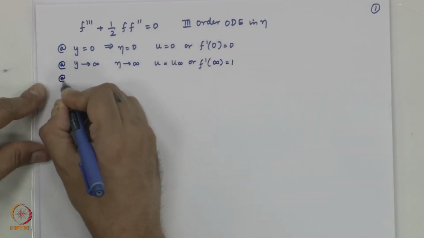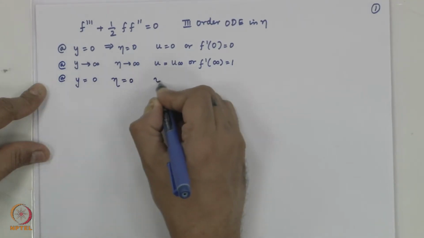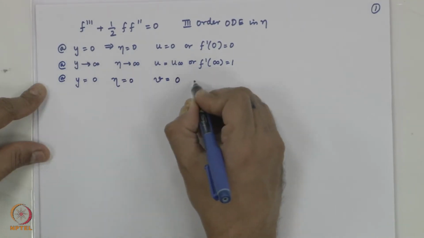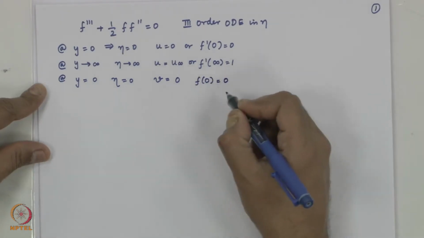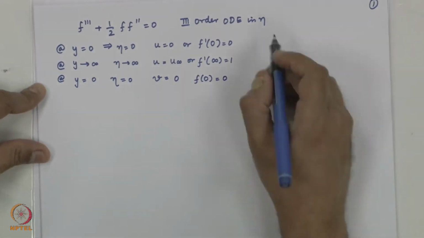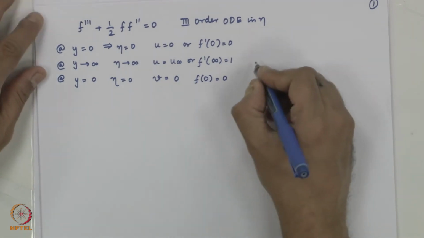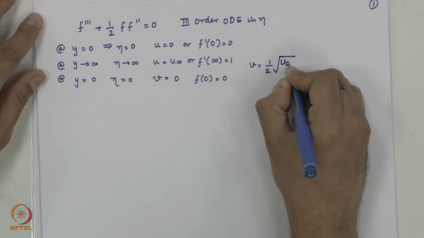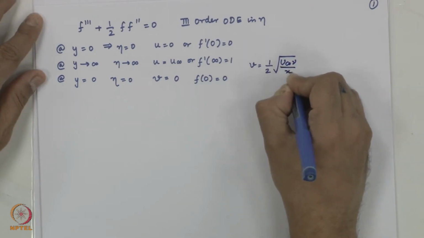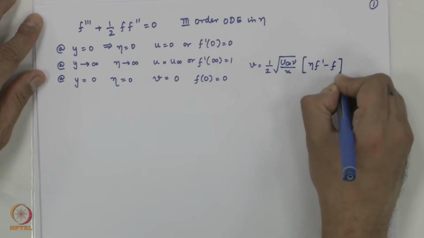And the third boundary condition was at y equal to 0, eta equal to 0, v becomes equal to 0 because of no slip, and from the expression for v, which was obtained as v is equal to half u infinity mu by x, eta f prime minus f.